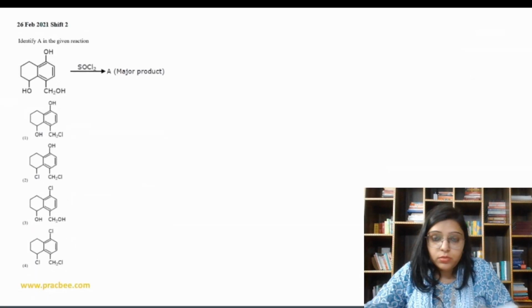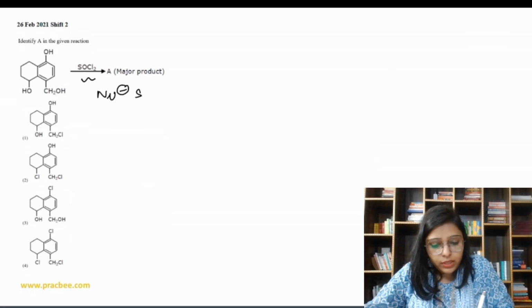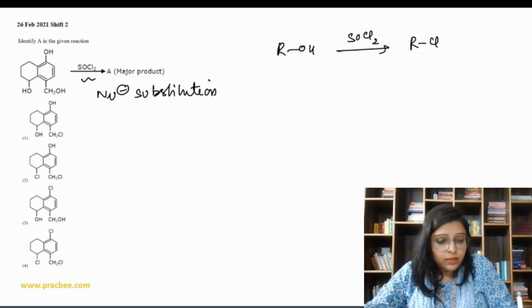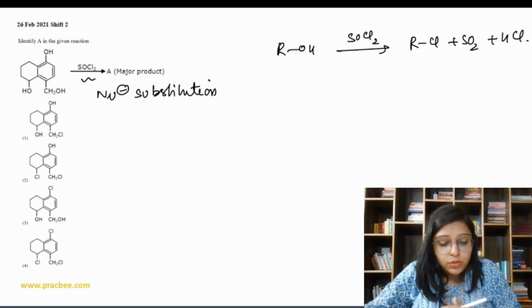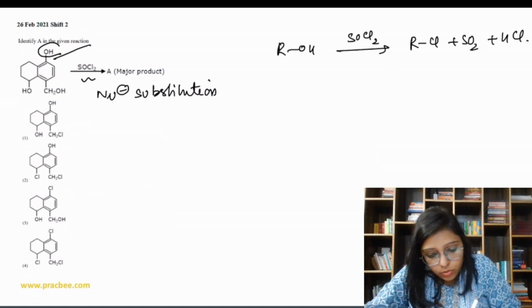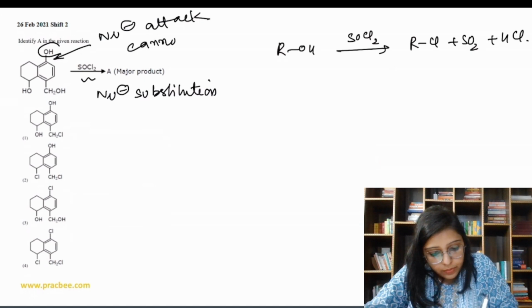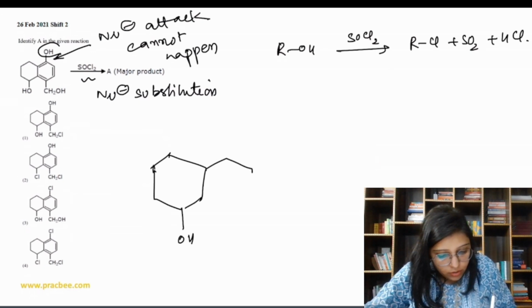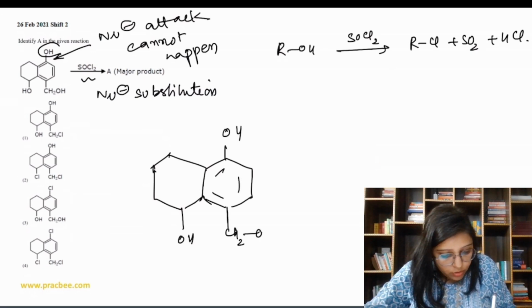So we have SOCl2. With SOCl2, we have to do nucleophilic substitution, right? So if we have ROH in the presence of SOCl2, we get RCl plus SO2 plus HCl. So where is nucleophilic substitution possible? Here nucleophilic attack cannot happen. Here we have OH, and we have CH2OH.